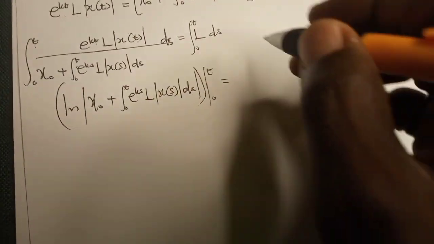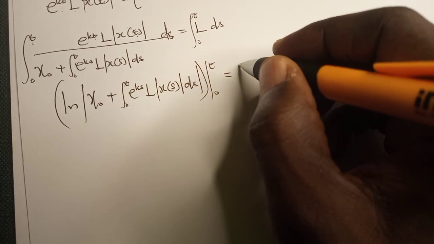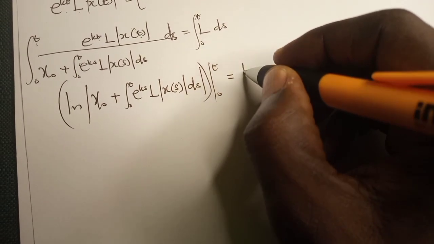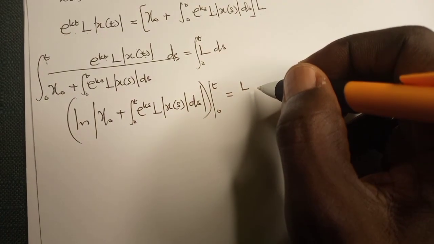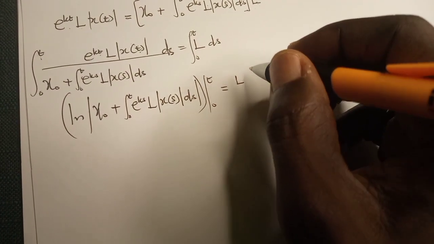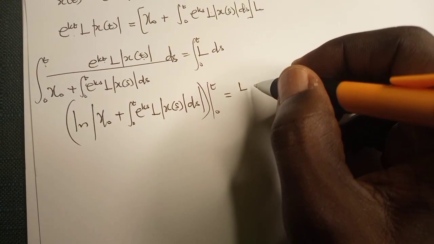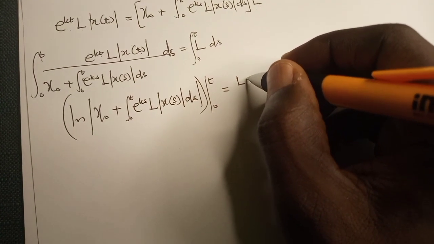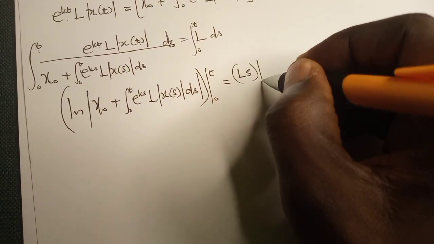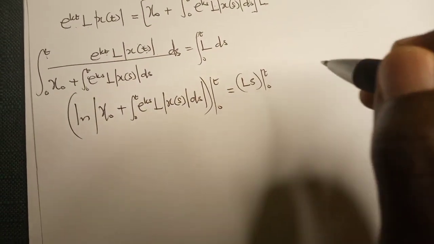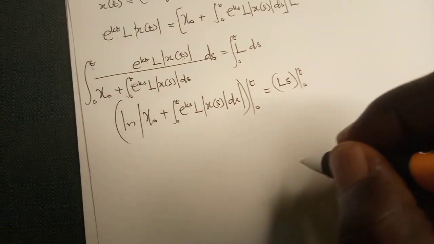Let's solve it. So we have lt, and ls on the interval of 0 to t.